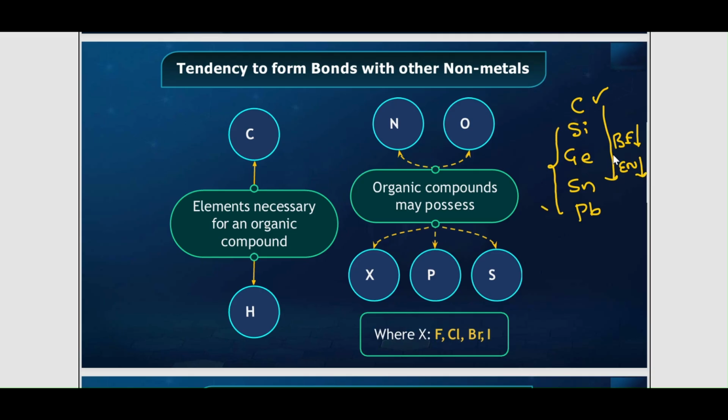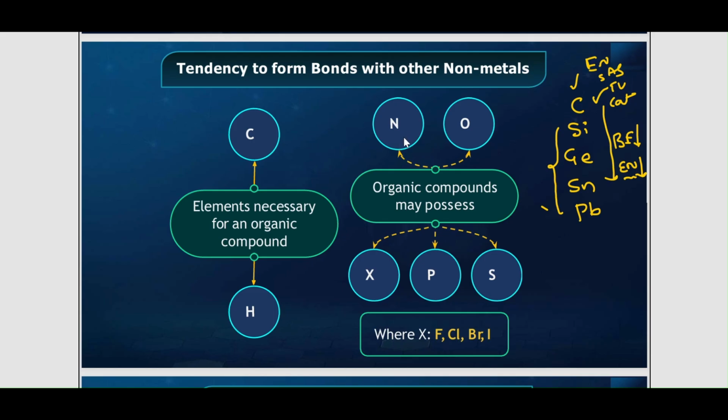Even though the other elements also have 4 valence electrons, they have lower electronegativity. Because of high electronegativity, small atomic size, tetravalency and catenation capacity, carbon can form multiple bonds as well as long chains with carbon and with other elements.